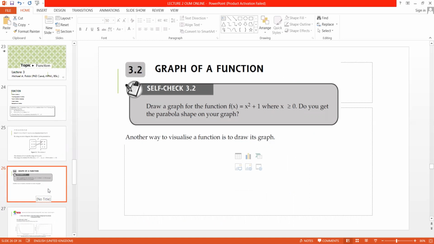We have an example, f of x is equal to x squared plus 1. And the domain has been stated as what? x should be greater than or equal to 0. Okay, good. Now, like we are aware, there are two main techniques of plotting functions.